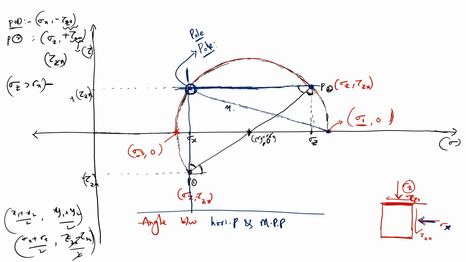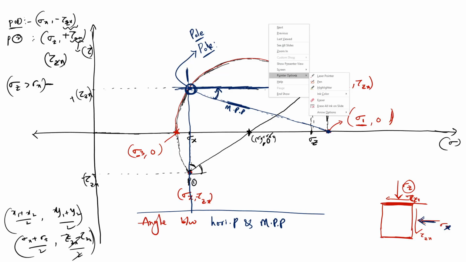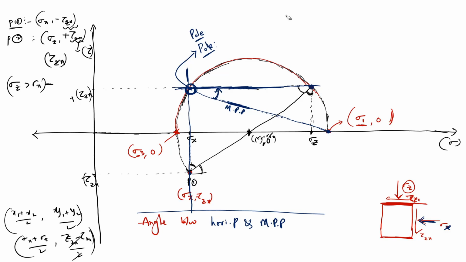This is the major principal plane, and this is the horizontal plane, because I can draw a horizontal line through the pole. So this angle I should find out. How to find that angle? Let me erase unnecessary things here.